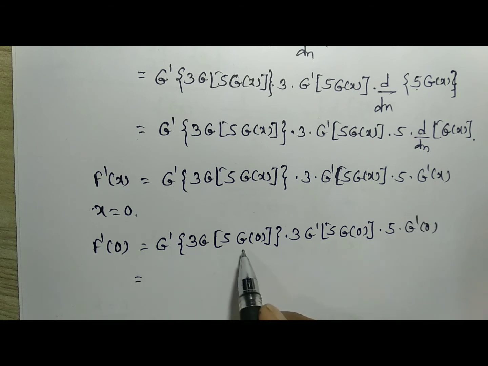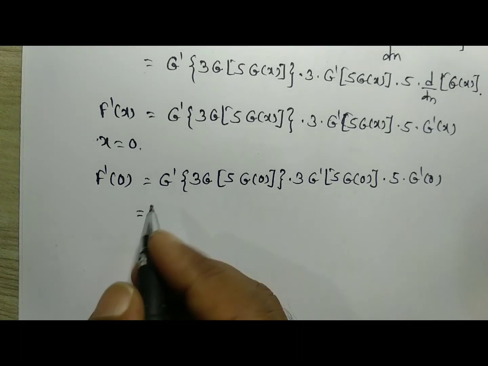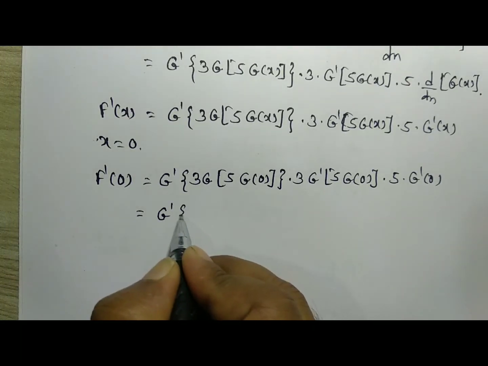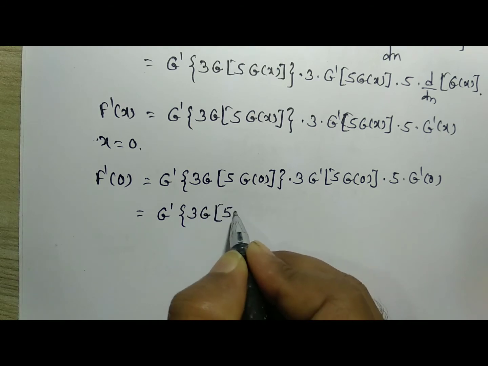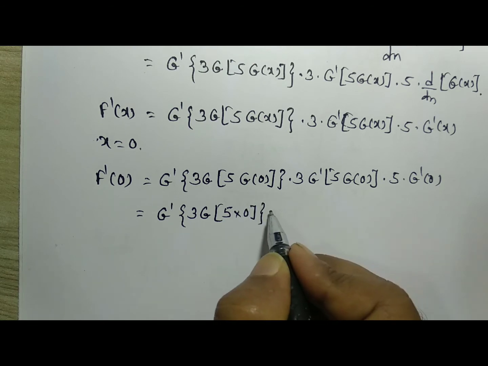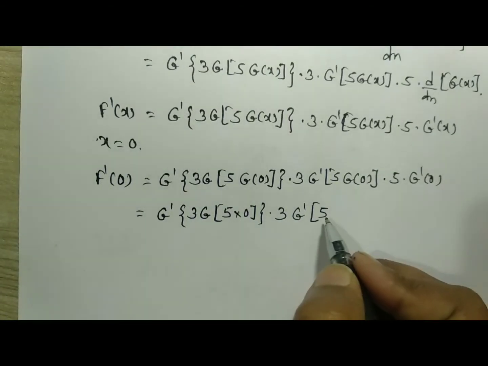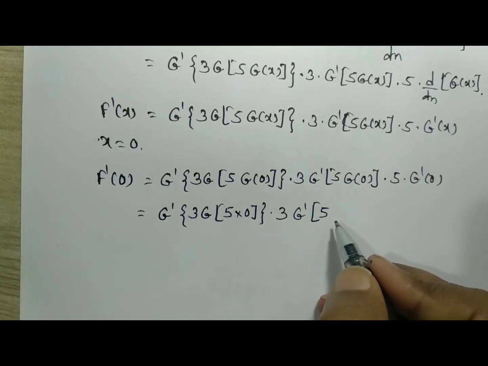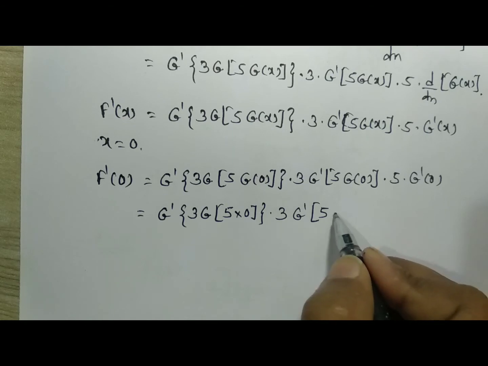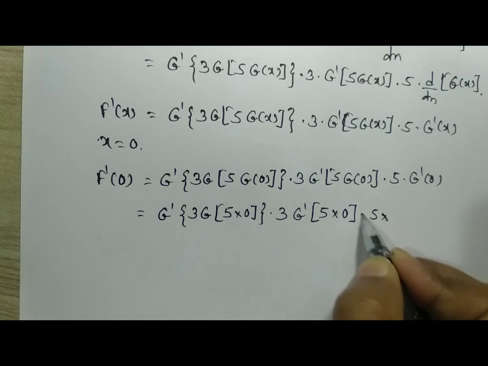Now putting in the values, we know that g(0) is equal to 0, and therefore you get g'(3g(5·0)) times 3g'(5·0) times 5 times g'(0).